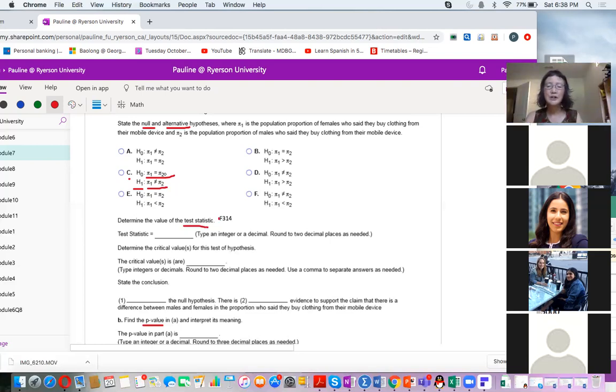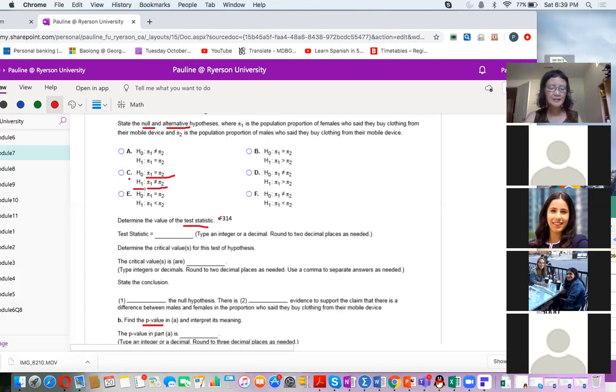And you should really go based on H1 because the calculator is from an H1 perspective, okay? So here you should select not equal, P1 not equal to P2, okay?